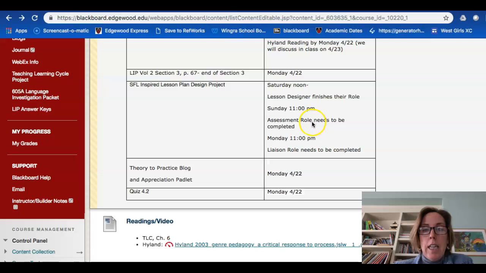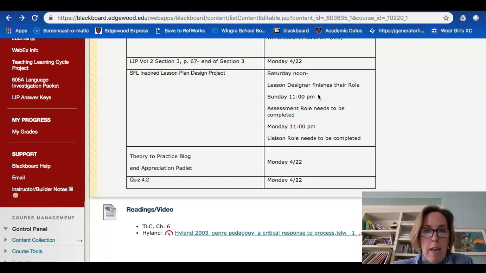Then Sunday night, the assessment person needs to be finished. And then by Monday night, the liaison role needs to be completed. So make sure that you get things done. Otherwise, you'll let your whole group down. And let me know if there are any problems accessing the links.